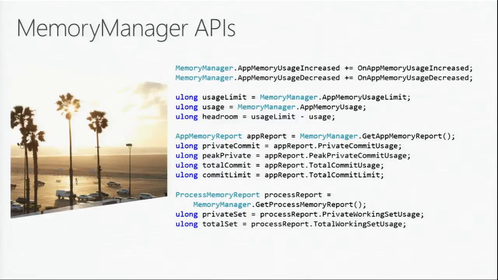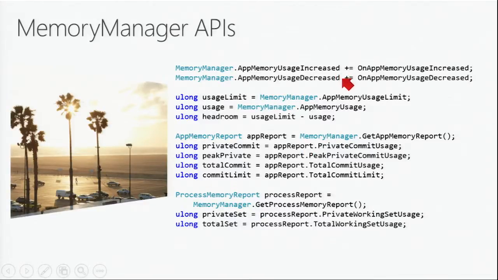The memory APIs: we've had memory APIs in previous releases of Windows Phone. These have been brought forward and extended, so there's more properties and methods on the API. This is the Windows.System.MemoryManager class. So there's some events.